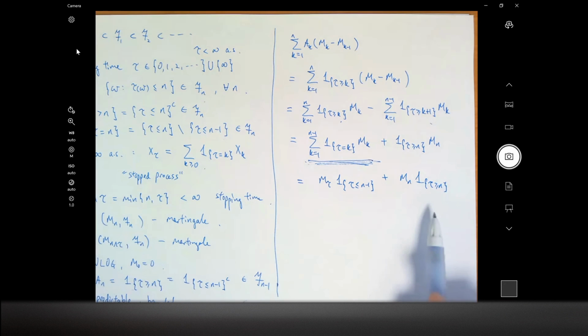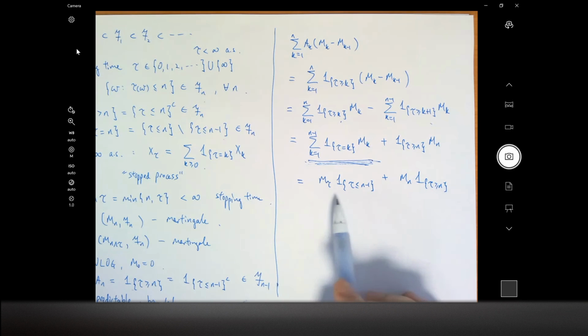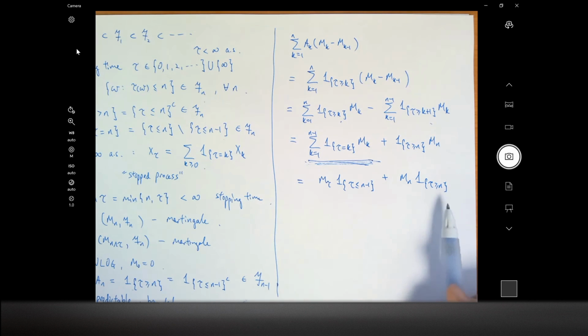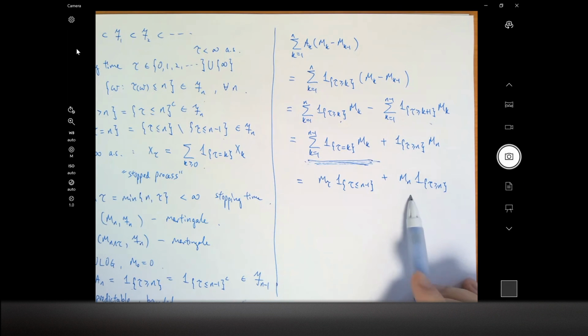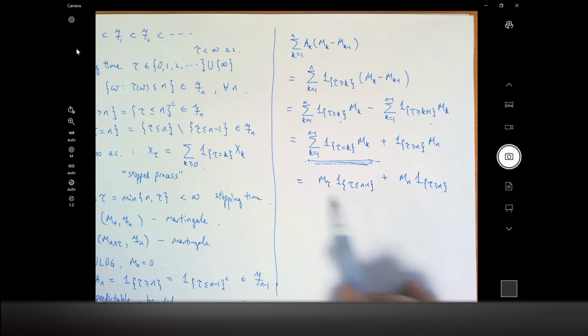Right, so now if you look at this, if n is smaller than tau, you will get this case. If n is strictly bigger than tau, then you get this case, then you get m_tau.